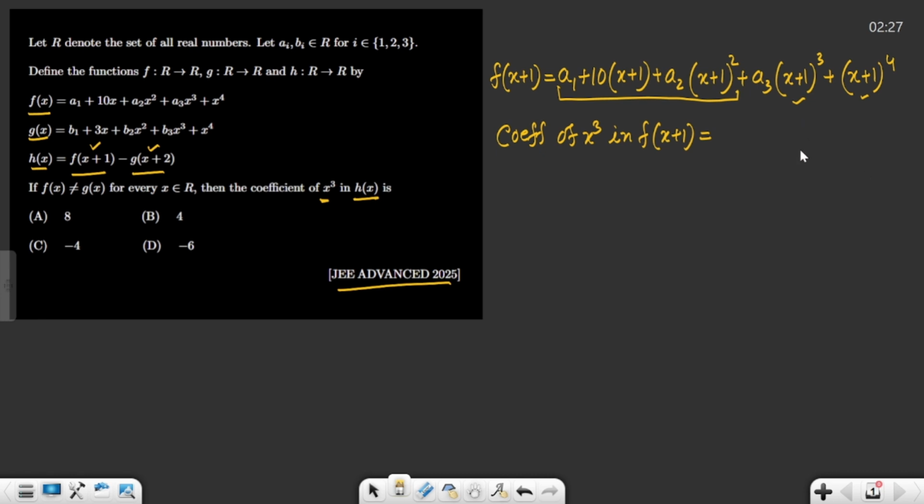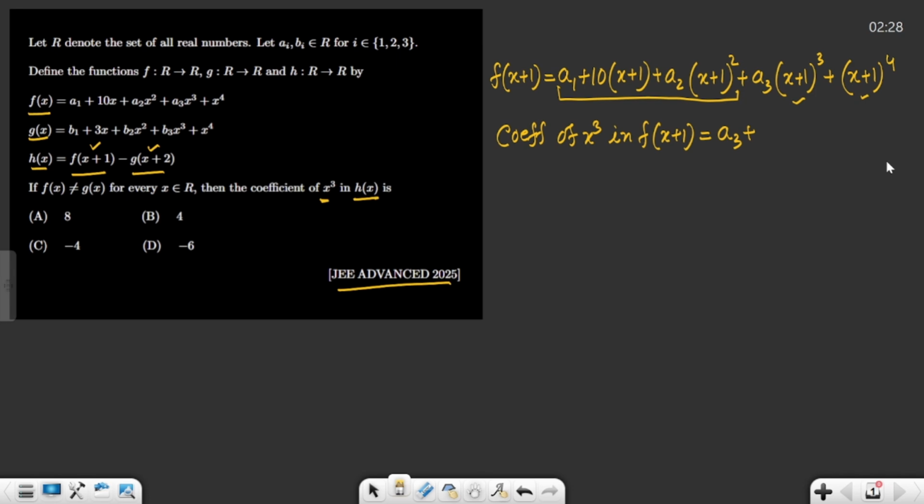Now (x+1) whole cube, when expanded, has the coefficient of x cube as 1, obviously. So a3 into 1 is equal to a3. Plus, now this term, (x+1) whole to the power 4. When this is expanded, we get x to the power 4 plus 4x cube plus 6x square plus 4x plus 1.